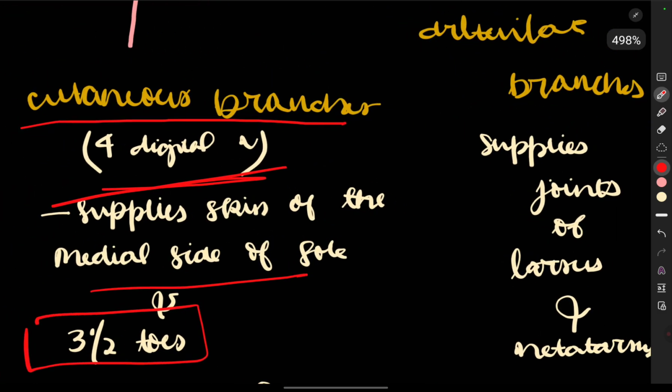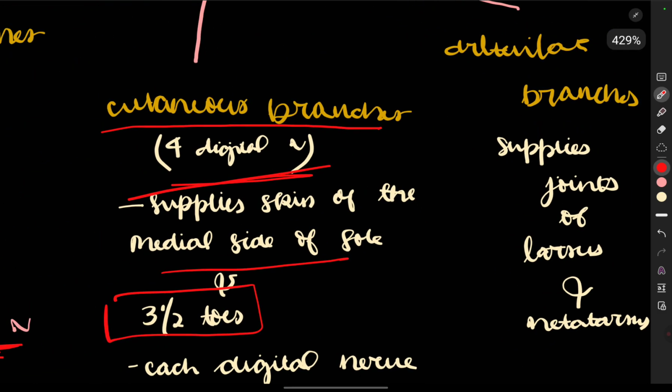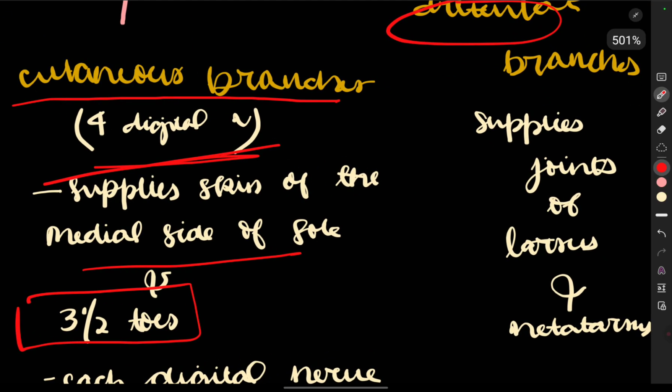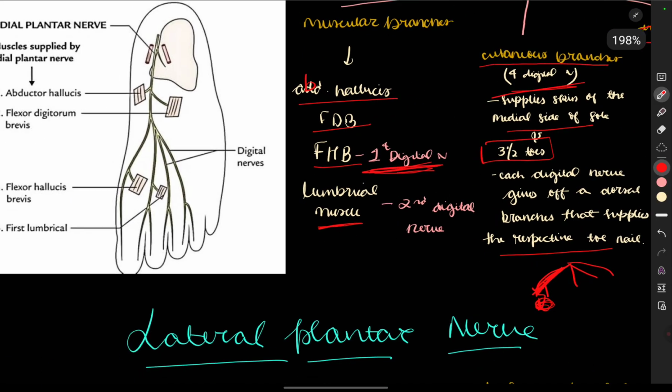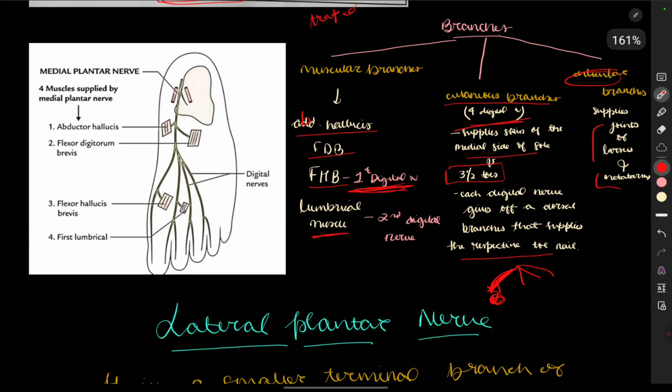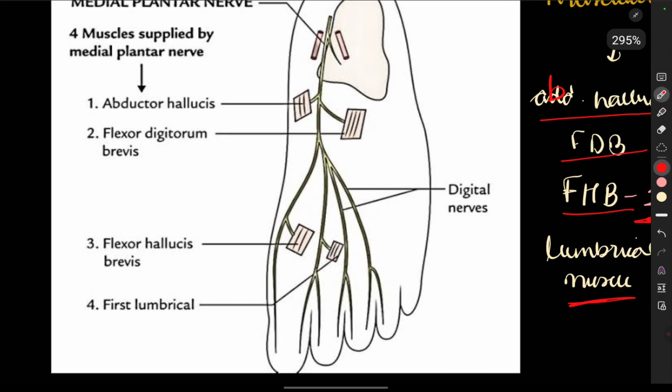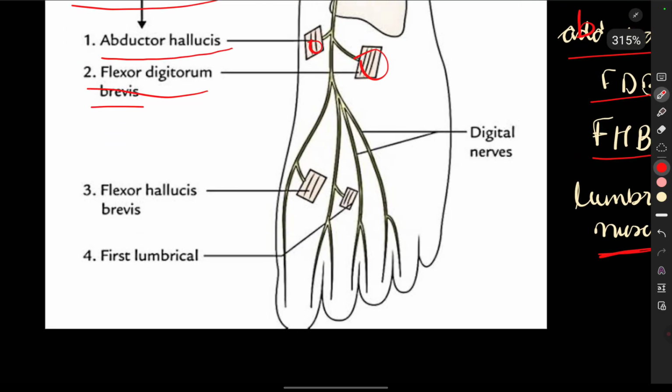And the articulating branches supply the joints of the tarsal and the metatarsal. So let us see in the diagram. The muscles supplied by the medial plantar nerve are the abductor hallucis, the flexor digitorum brevis, the flexor hallucis brevis, and the first lumbrical, along with the digital nerve.